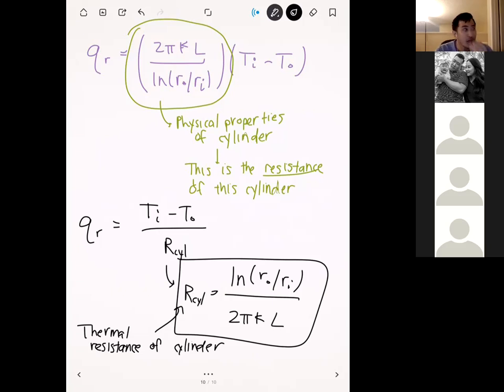Another example that you can see in your house is in your piping system. The pipes that deliver cold water and hot water to your sinks and showers, a lot of times you want good insulation there. Your water heater is usually pretty separate from where your bathrooms are. If you have hot water coming from your water heater up to a shower on the second floor, it has to go through a lot of pipes.